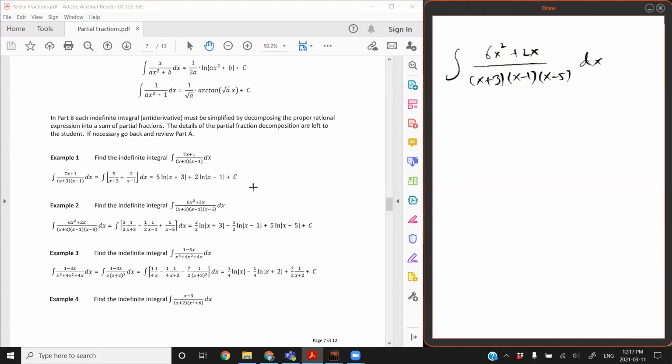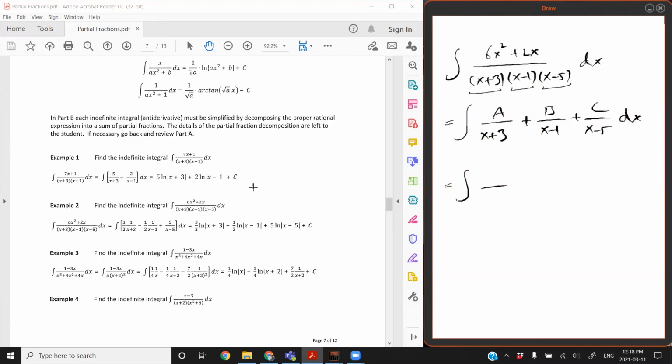I'm not going to spend any time on doing the decomposition because you already know how to do that. This can be written as the integral of A over x plus 3 plus B over x minus 1 plus C over x minus 5 because it's case 1. There are 1, 2, 3 linear distinct factors. And then you find A, B, and C.